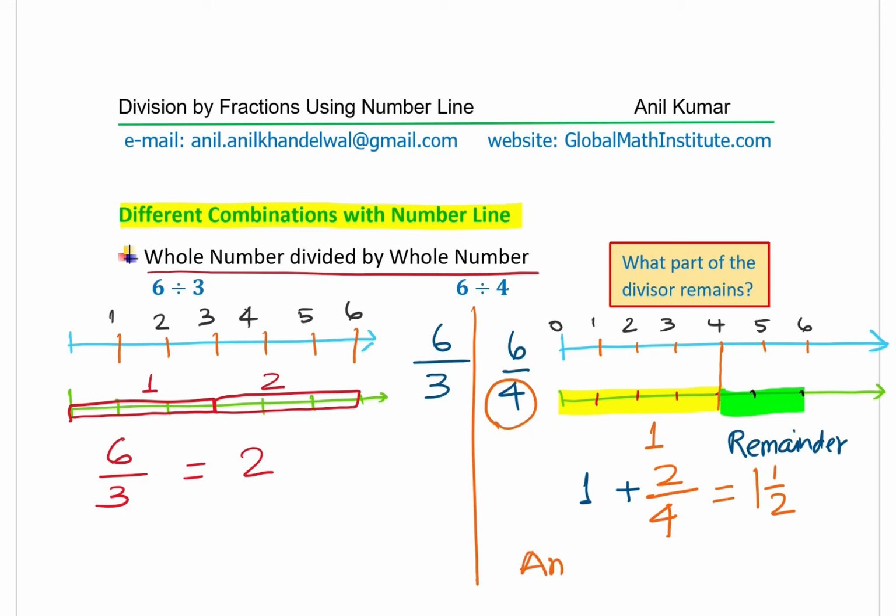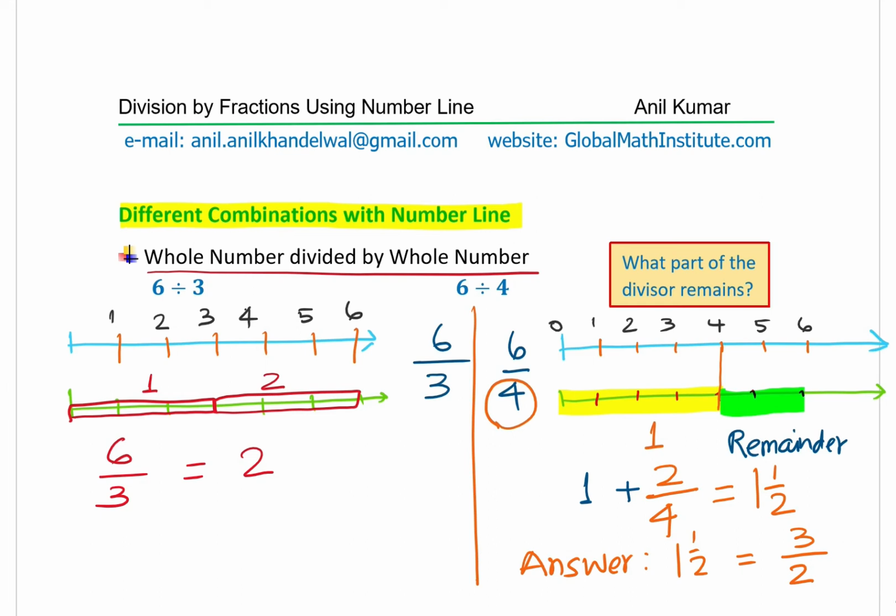So in this case, the answer here is 1.5, which you could also write as 3 by 2 if the children are in grade 7 and 8. So we can convert this to improper fractions. Is that clear? So when you divide even by the whole numbers on a number line model, you can clearly see that out of the 6 numbers, 4 went through one time and 2 remain.